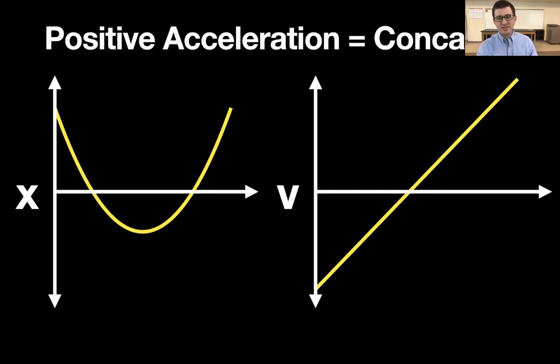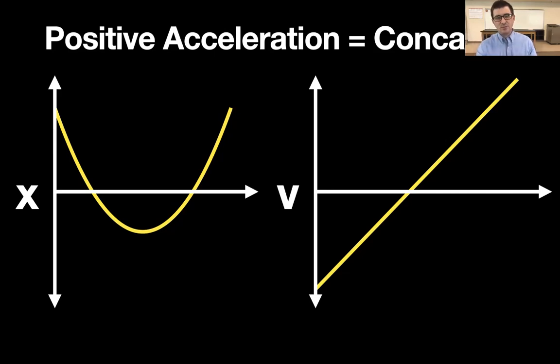So this graph shape, I'm going to introduce a new vocabulary term for you, which is called concavity. This graph shape is what we call concave up, because it looks like a cup. Concave up, like a cup. And what all that means is that the velocity is increasing always due to the positive acceleration.